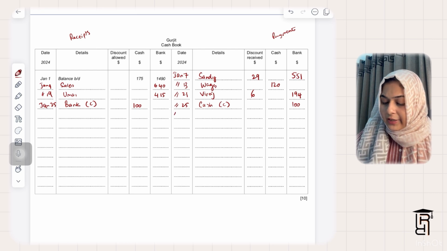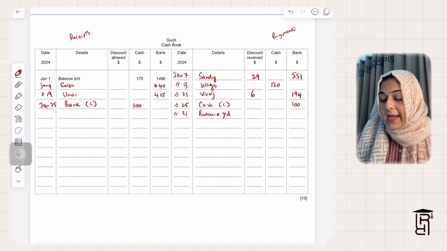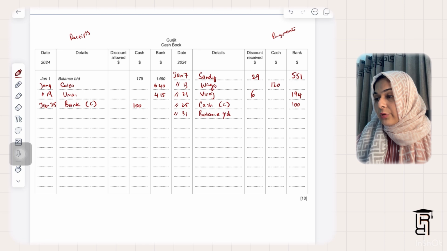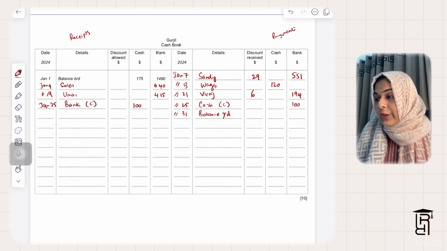And then we'll calculate the balance carried down. So I'll write here January 31. I will write here balance carried down. For cash, on the debit side it's 175 plus 100, on the credit side it's 120.